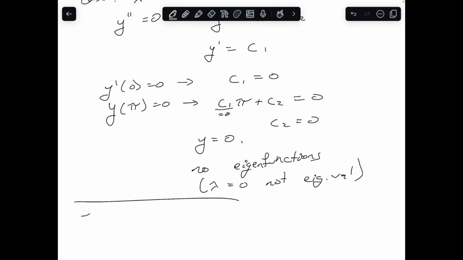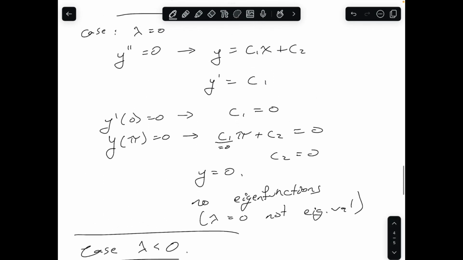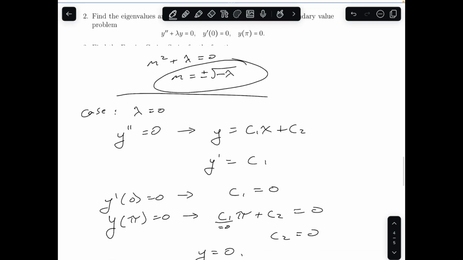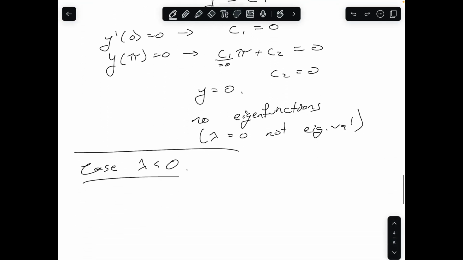The next case we'll handle is lambda less than 0. So here, this is m, right? So m equals plus or minus square root of negative lambda. Because lambda itself is already negative, this is a double negative, and so negative lambda is positive.